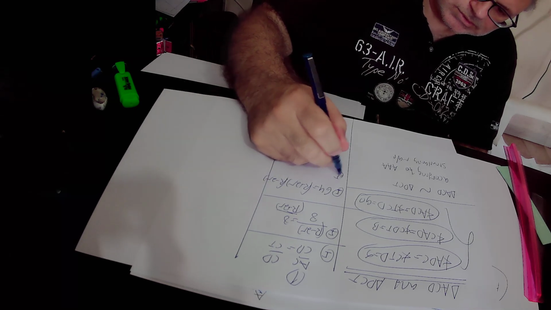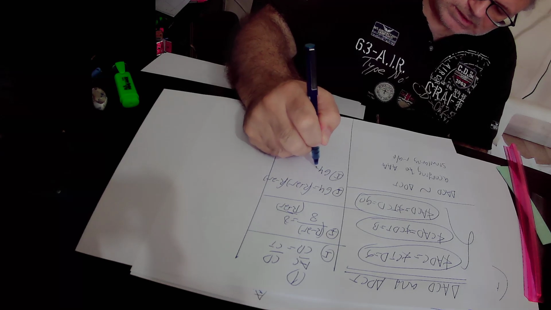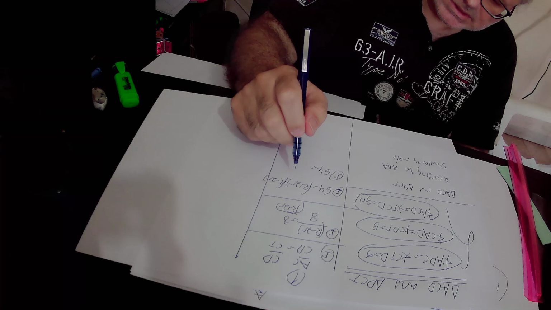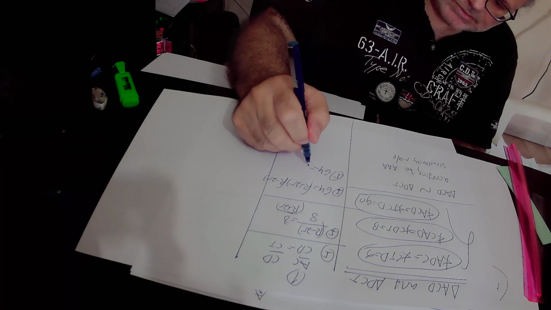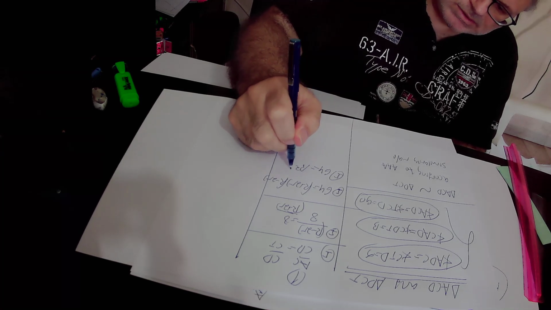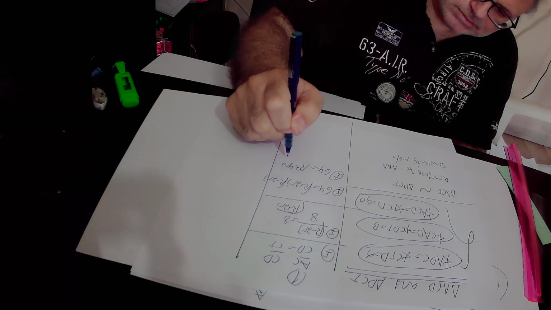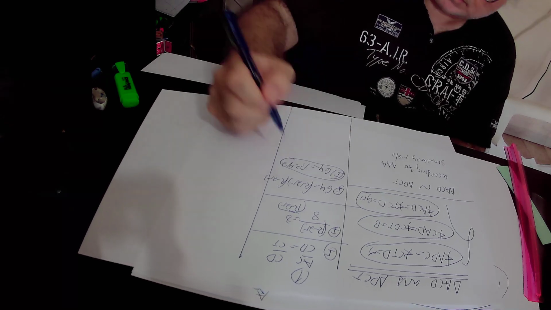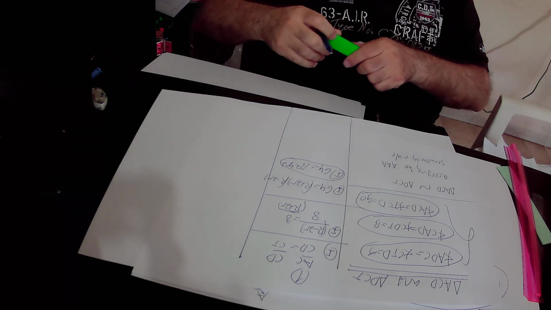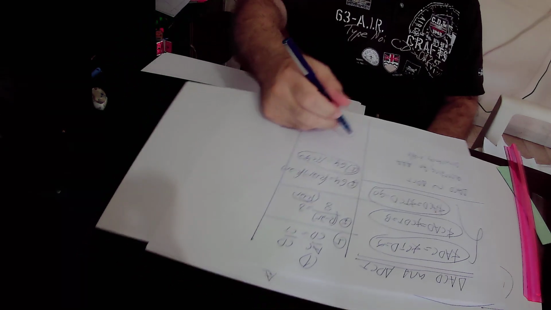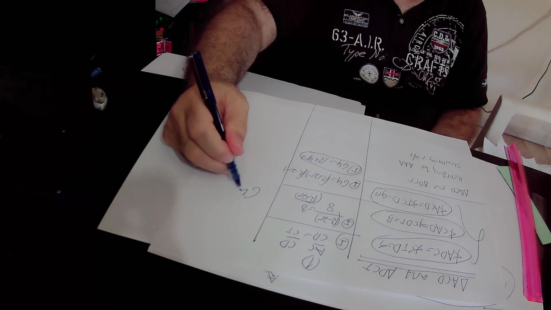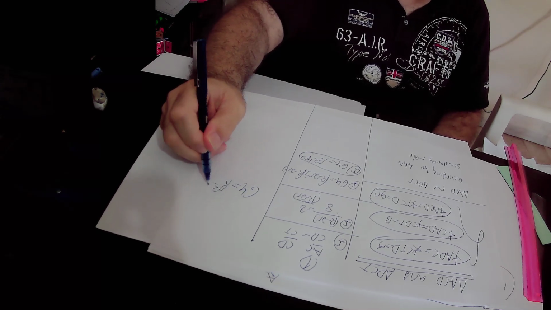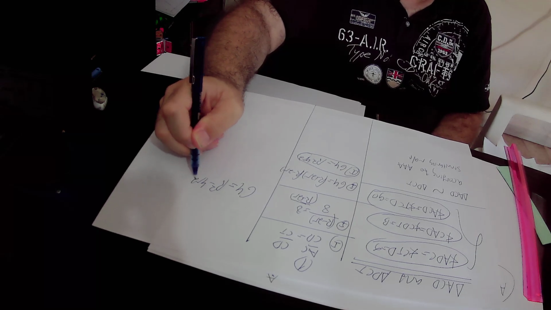We already found out that this expression equals capital R squared minus 4R squared. So according to equation number 1, 64 equals capital R squared minus 4R squared.